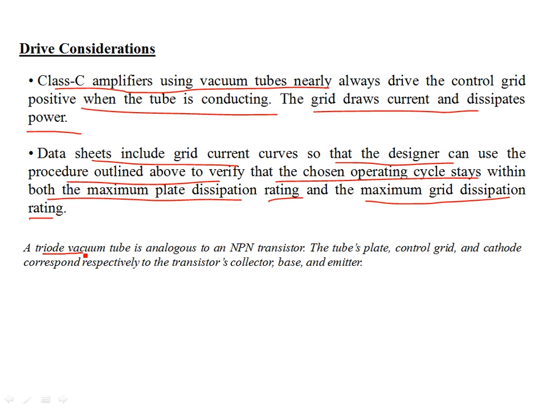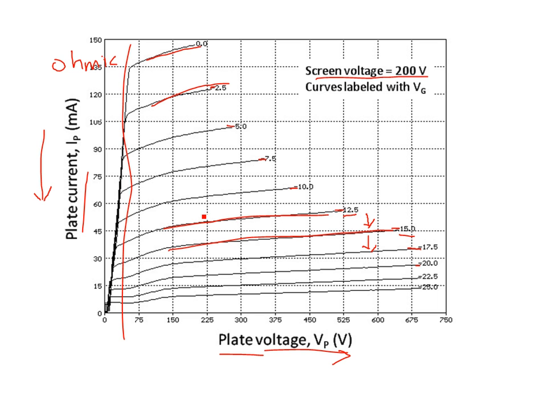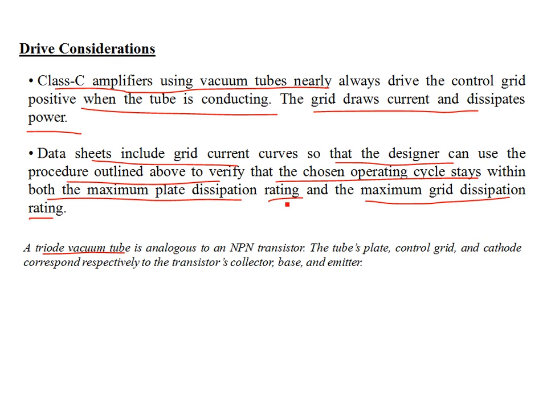Again, the triode vacuum tube curves are very similar to those of an NPN transistor. Here the tube plate is like a transistor's collector. The control grid is the base, from which you are controlling the flow of current.